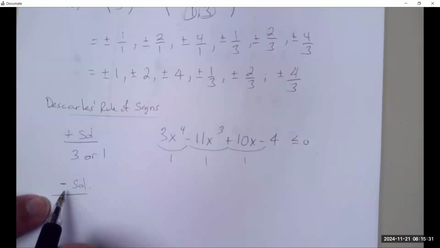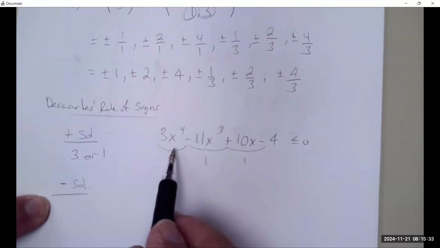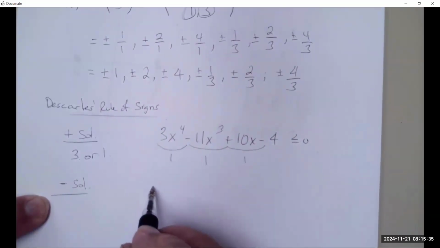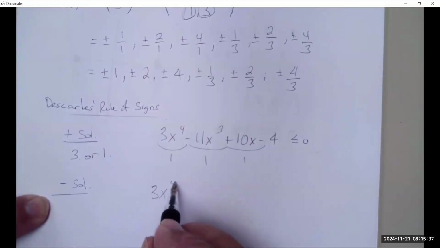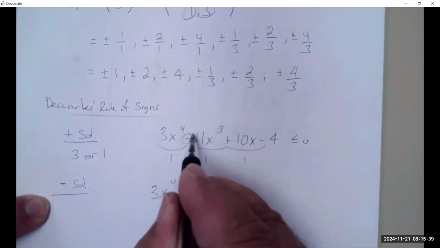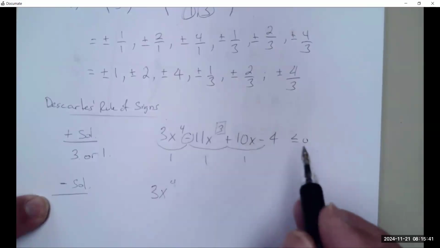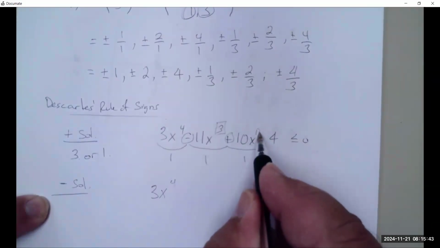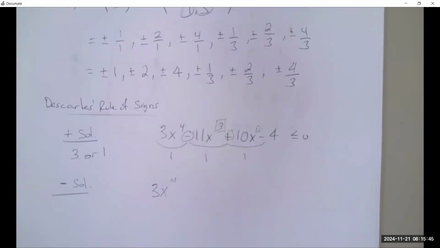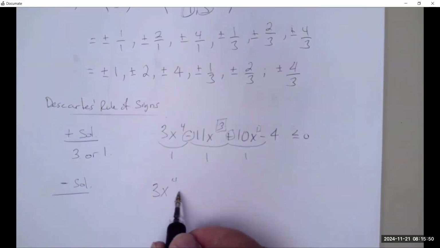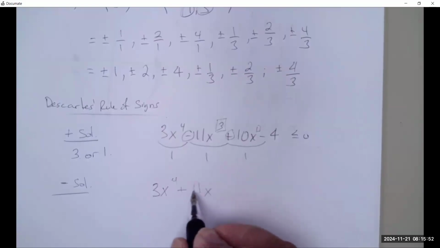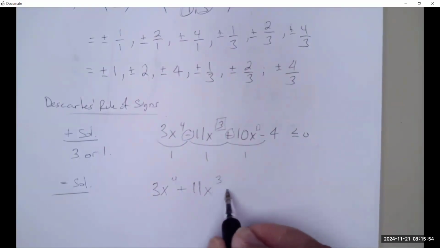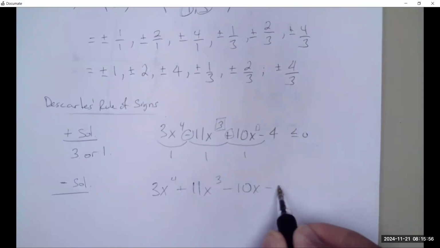Now, to find out how many negatives we have, all we do in our equation is change the sign in front of the odd exponents. If the exponent is odd, change the sign in front of that coefficient. Why don't we change the even ones?